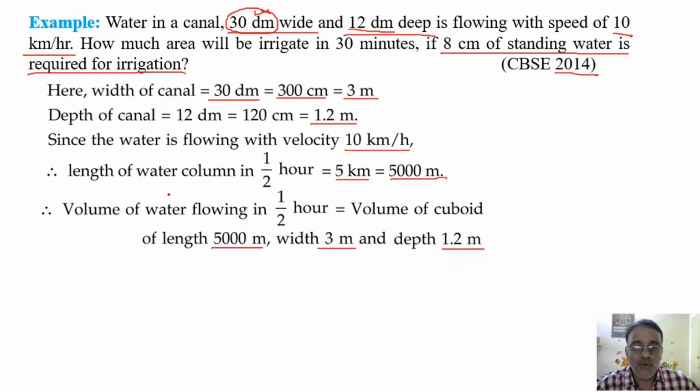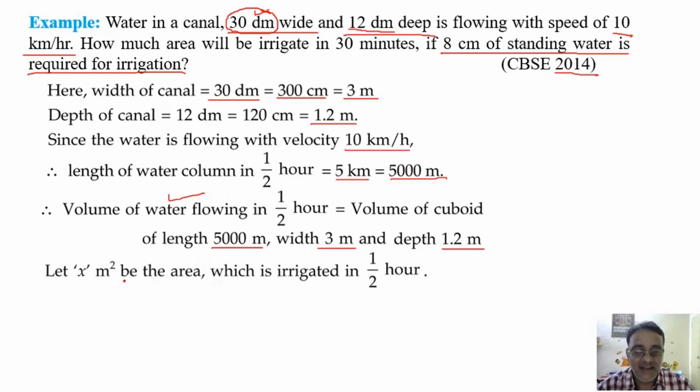Okay, and the water that will be used for irrigation purpose will be equal to area of field into height, and we'll take the area as x meter square, which is irrigated in half an hour.